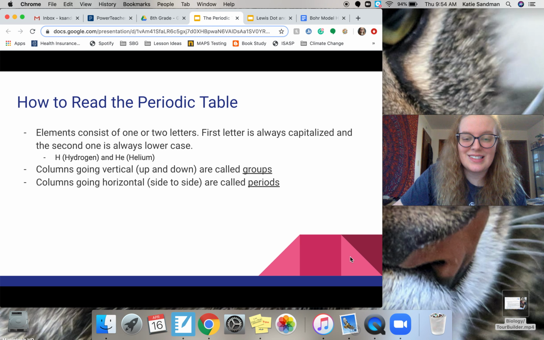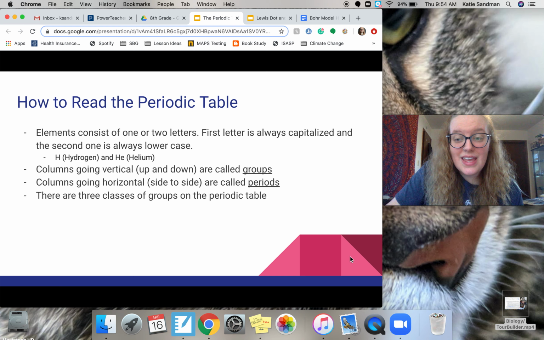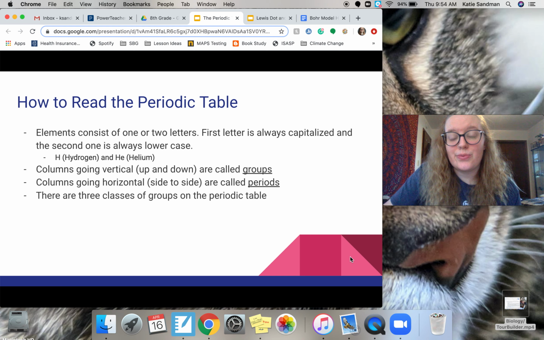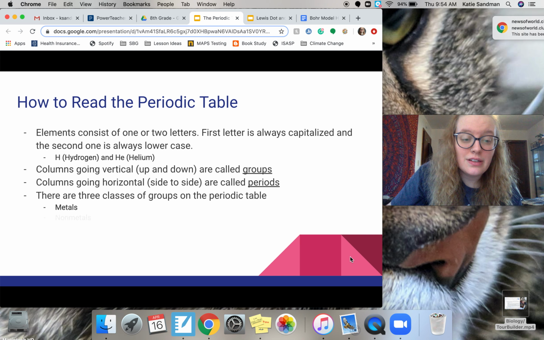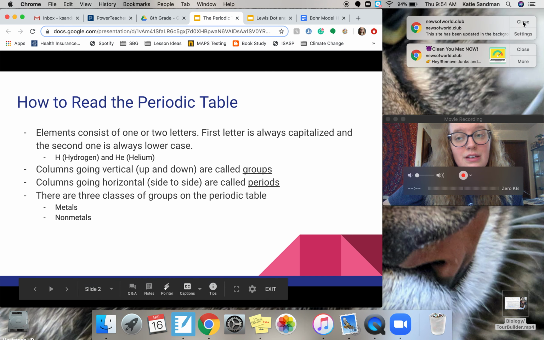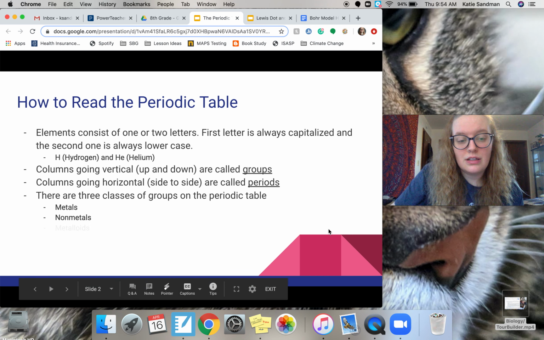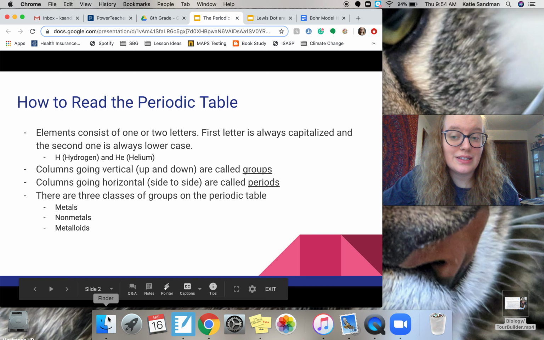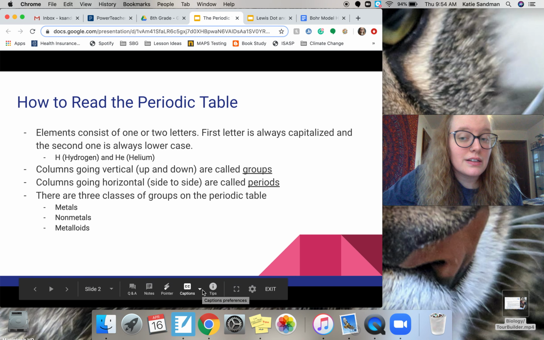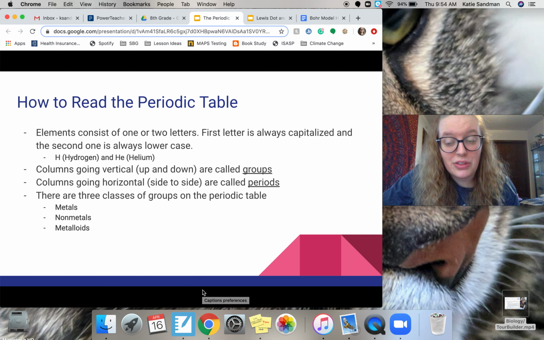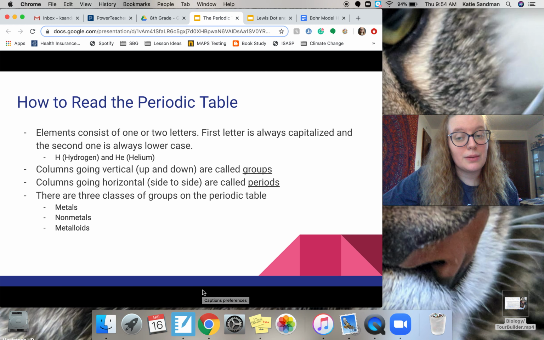And then on our periodic table, there are three major classes: metals, nonmetals, and metalloids. So just know we're not talking about whether they are a solid, liquid, or gas. It's going to be more so if they're metal, nonmetal, or metalloid.